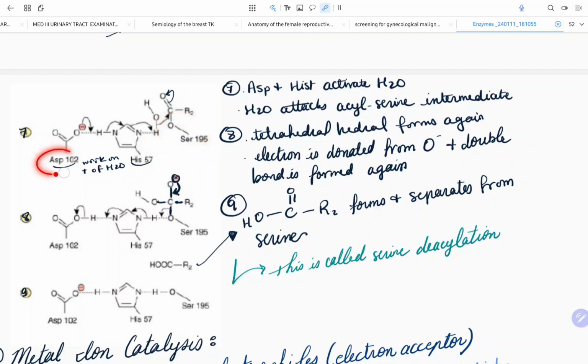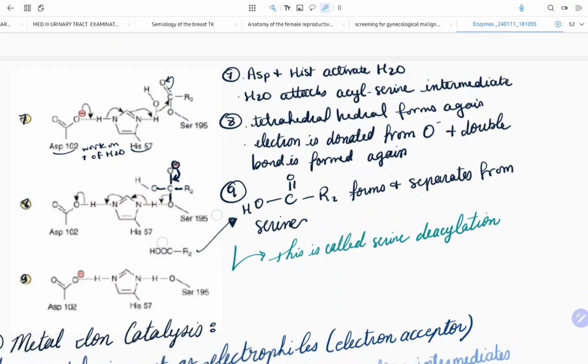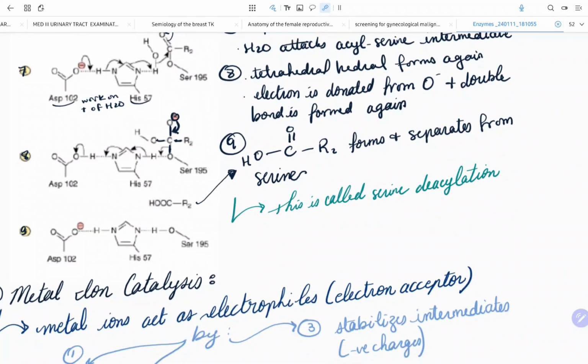So what happens is that aspartate and histidine activate water, okay? And water, what does it do? It attacks this serine acyl residue, and a tetrahedral intermediate forms again, right? Now, since we want to release this away from the family right here, oxygen returns its electrons back, and the double bond forms again.